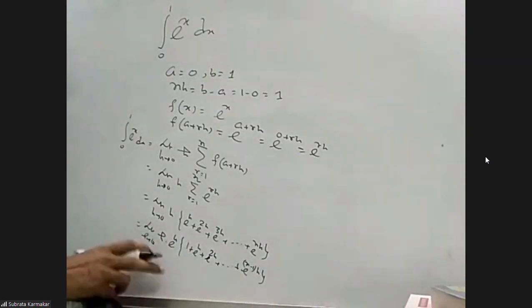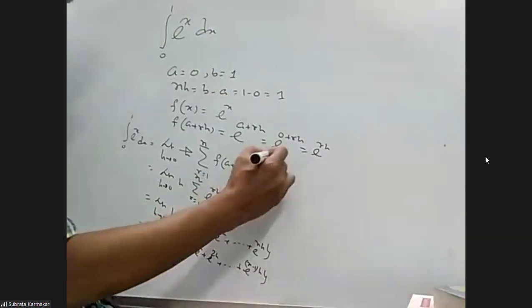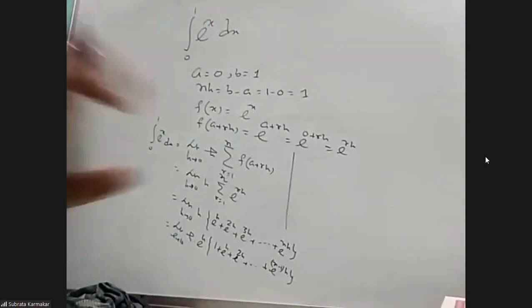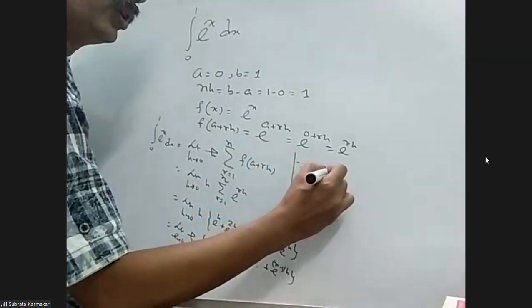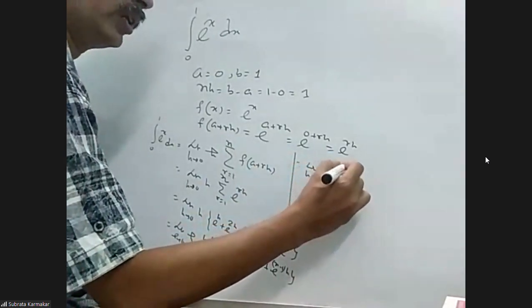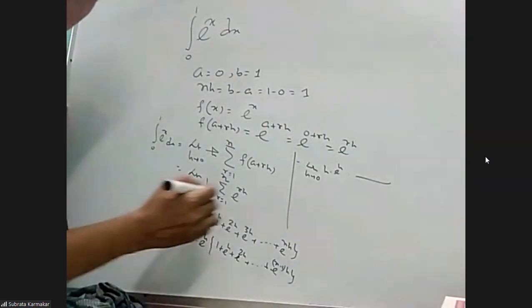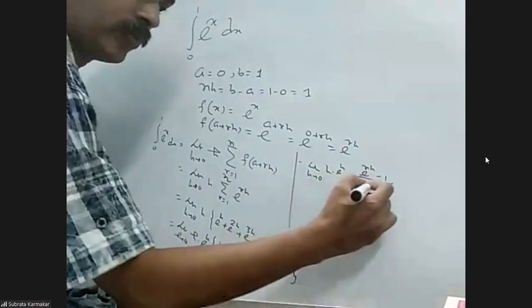So the GP formula is a into (r to the power n minus 1) by (r minus 1). If you use this formula, limit h tends to 0, h into e to the power h into, using the direct formula, e to the power nh minus 1 by e to the power h minus 1. GP formula.